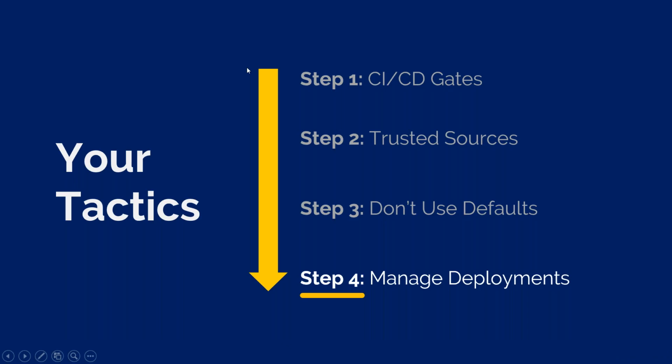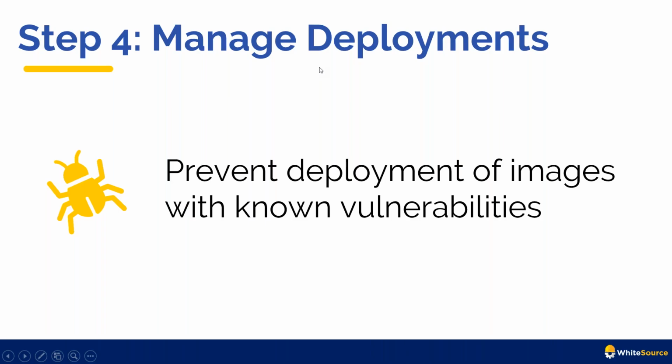The next one is manage deployments. This is the last step actually, and I think it's probably one of the most important ones. Managing deployments means that also in production, I make sure to have the security processes as they should be.